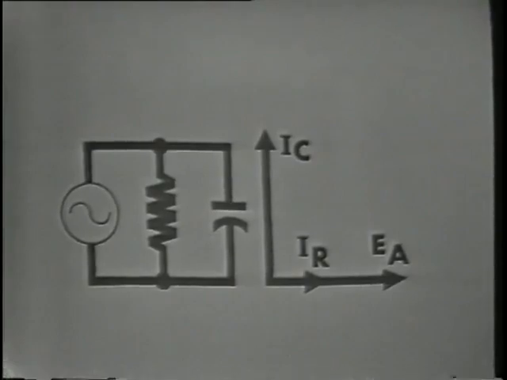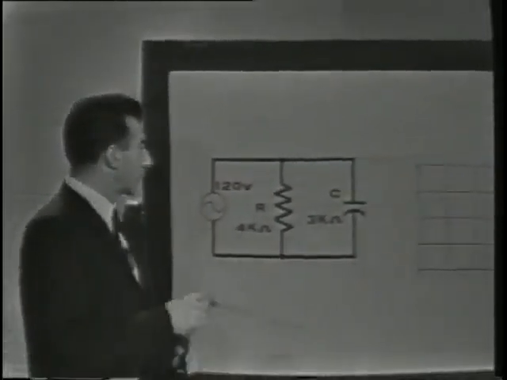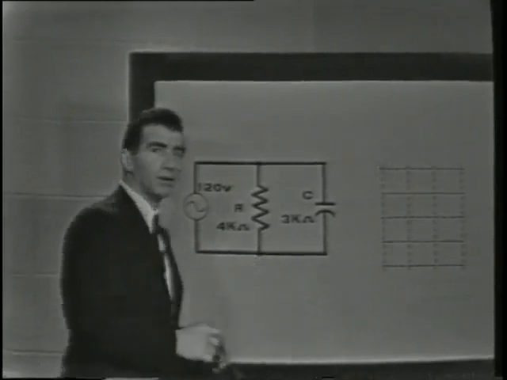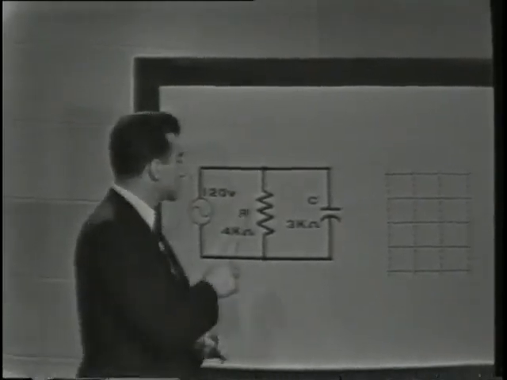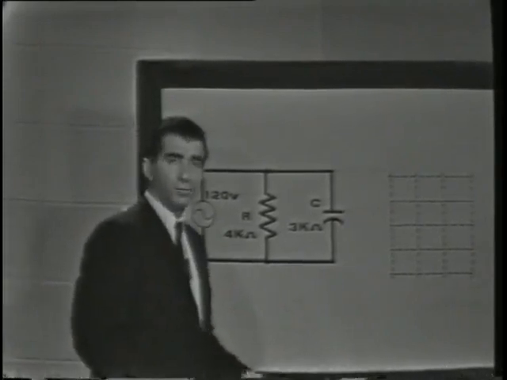Now, since we're concerned with parallel RC circuits in this lesson, let's examine a circuit with given component values. We'll calculate the branch currents and plot this information vectorially on our graph. The current through each branch can be easily determined by simply applying Ohm's law.